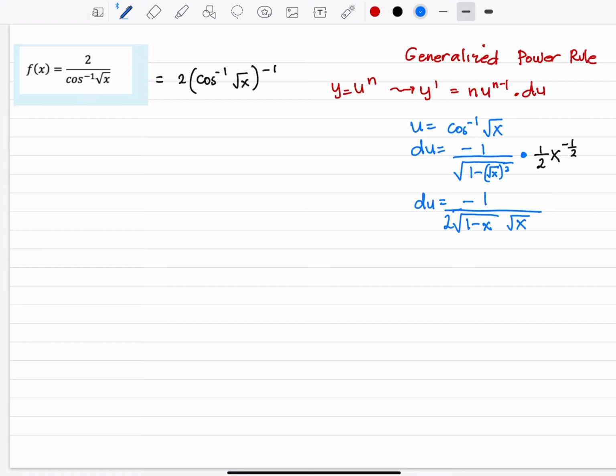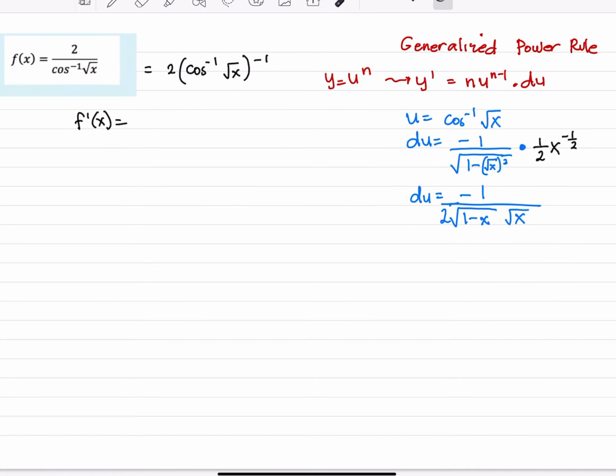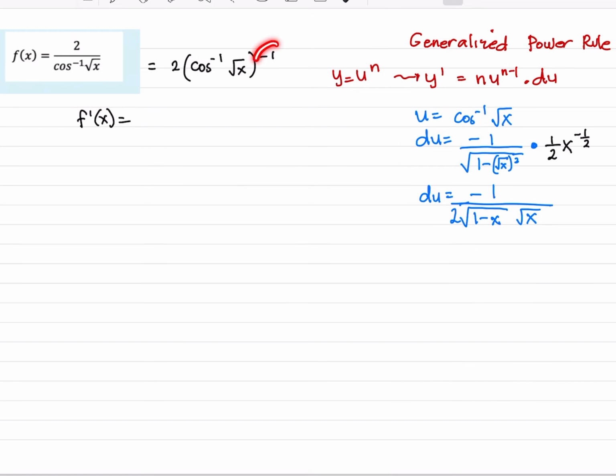Okay, so let's go back to our original function. F prime of x then equals, from our generalized power rule, if we can express the given as u to the n, then y prime will be n u to the n minus 1 times du. Okay, so f prime of x equals, bring this down, it becomes a factor to be multiplied to 2.